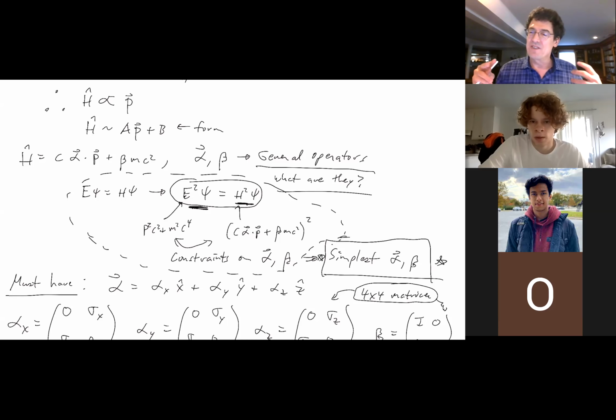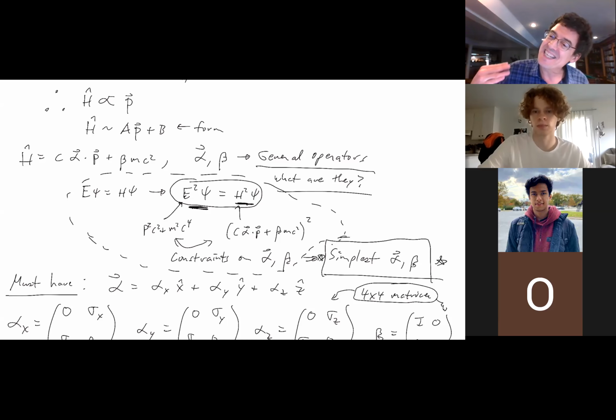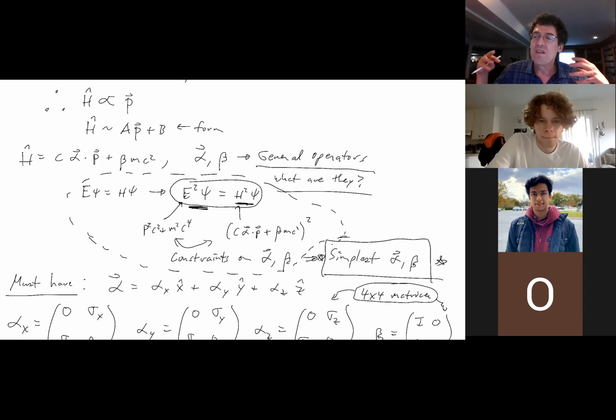But then I can ask, what's the next simplest solution? Because there's a whole infinity of solutions to those constraints. The next one will be, instead of a 4x4 matrix, a 9x9 matrix or something. You see what I'm saying?